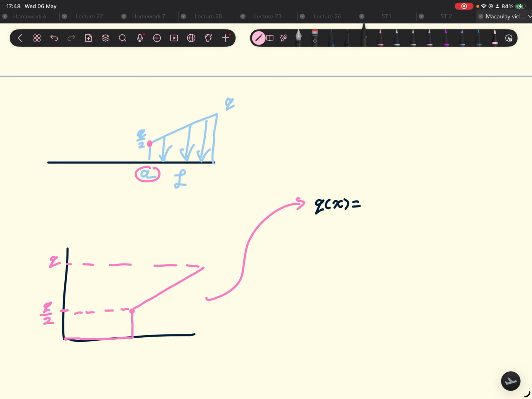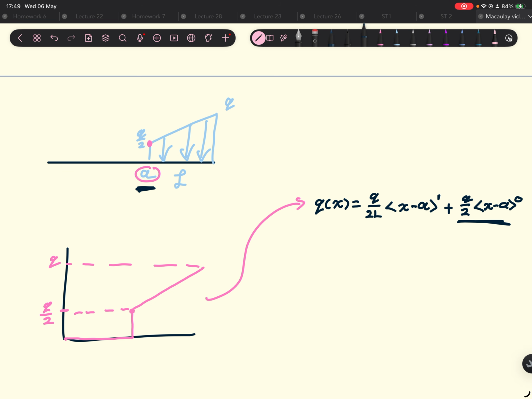We're just changing the starting point. So we're going to get Q over 2L, I believe it was. Then the starting point is now at A, so x minus A to the power 1, plus Q over 2 times x minus A to the power 0, right?